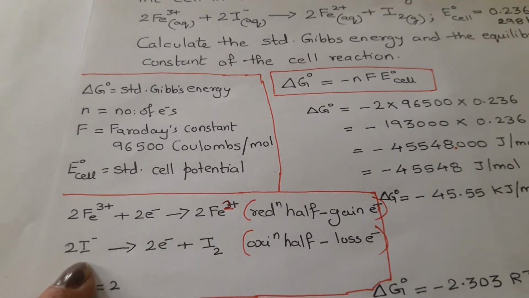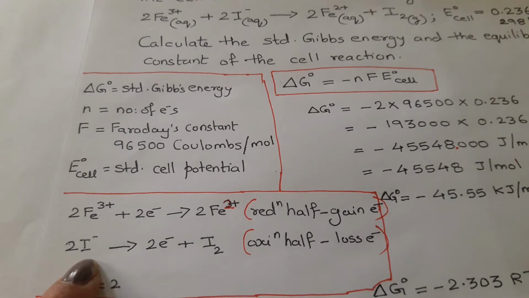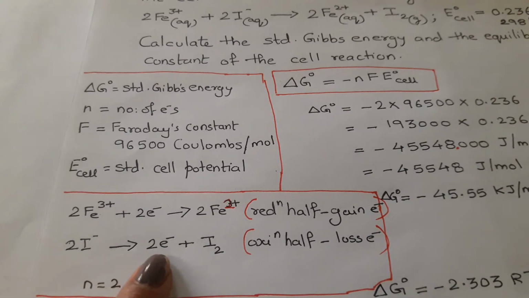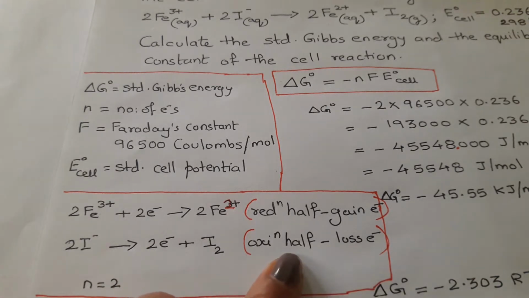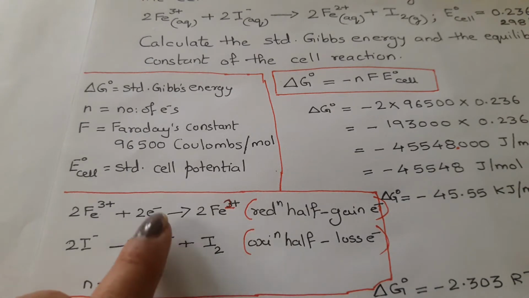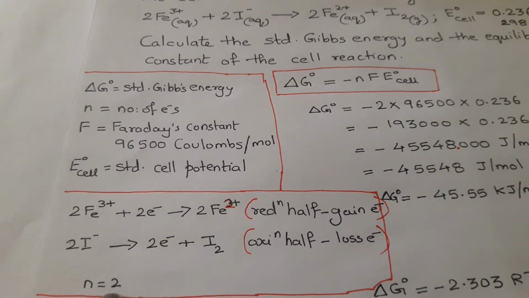Similarly, 2I⁻, that is iodide ions, lose electrons to form I2. And here there is loss of electrons, so it is going to be the oxidation half. Hence, since the number of electrons lost and gained is 2, we get n is equal to 2.